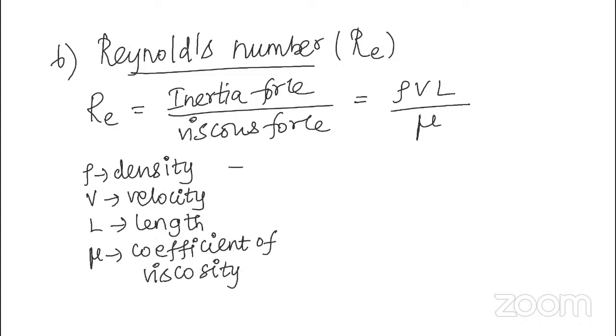Now substitute all the parameters. I write the dimensional formula: for density, M L power minus 3. Velocity, L T power minus 1, and for length it is L, and for coefficient of viscosity it is M L power minus 1 T power minus 1.